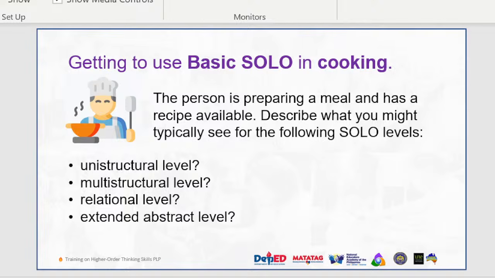Now let's look at the application of SOLO in cooking. The person is preparing a meal and has a recipe available. Describe what you might typically see for the following SOLO levels: uni, multi, relational, and extended abstract level.